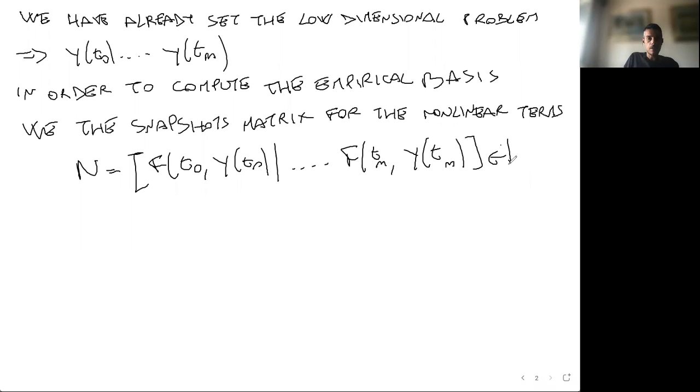So again, this is a matrix which is D by m+1. And so this is just an evaluation on the snapshots, which is the expensive part, evaluated in the nonlinear term.